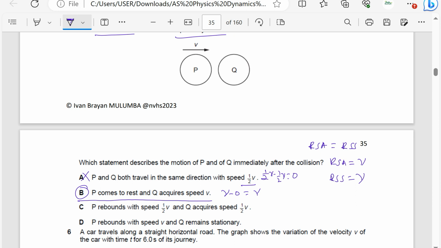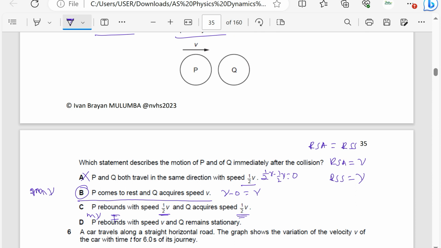So for B, total momentum before collision would be m times v. Total momentum after collision should also be m times v. But for C, total momentum before collision is m times v, yet total momentum after collision is going to be different because one has speed a half v, the other one has speed a half v.